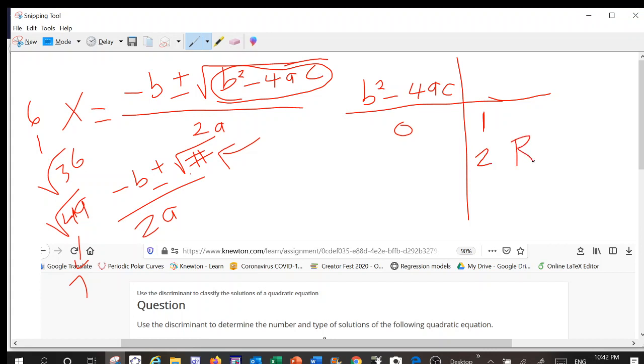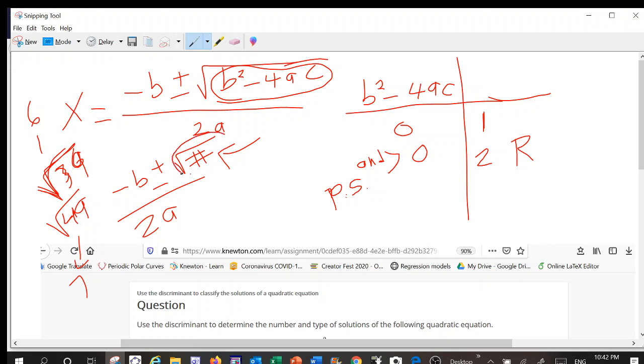solutions. If the discriminant is greater than 0 and is a perfect square. Perfect square. All right. Now, what happens if it is greater than 0 but it's not a perfect square? Let's say it's 39 instead of 36. Then the square root of 39 is an irrational number.